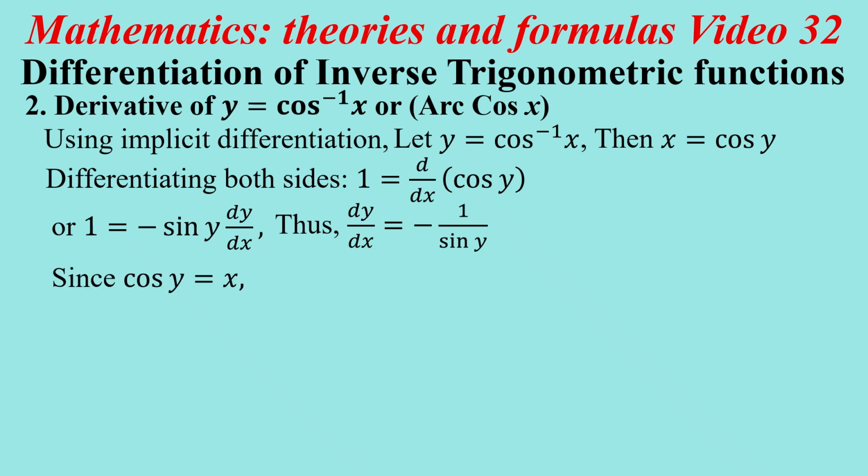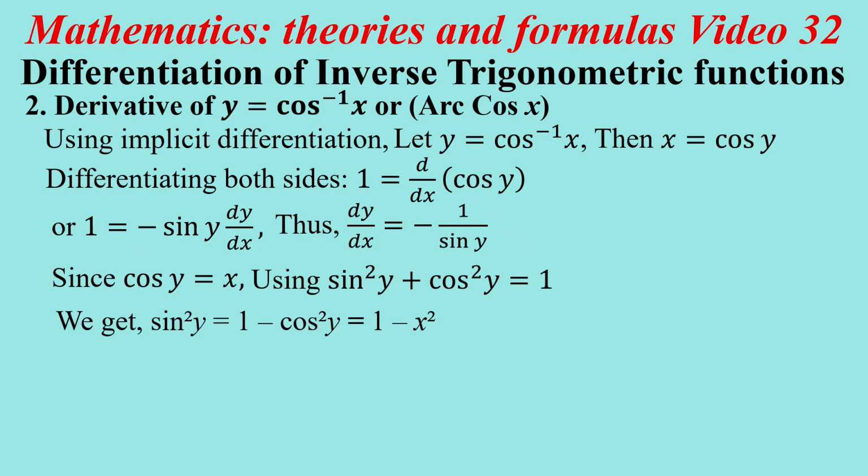Since cos y equals x, we replace sine y in terms of x. Let us use sine square y plus cos square y equals 1. That means sine square y equals 1 minus cos square y, which is equal to 1 minus x square, putting x for cos y, so cos square y is x square.